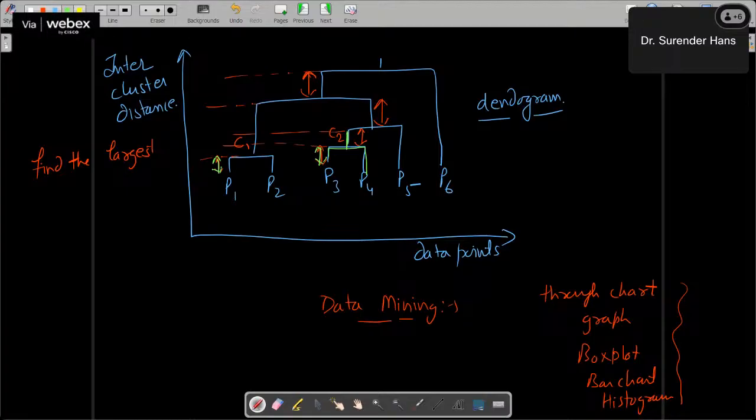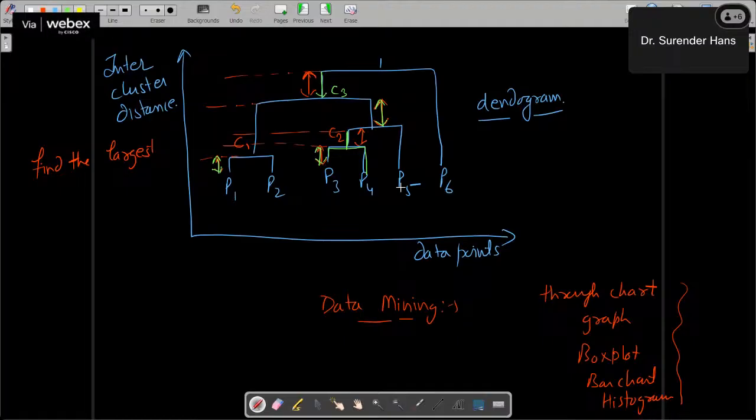This one is the distance between the cluster C2 and P5. This one is the distance between C1 and C2. Let's say this one is C3, so C3 and P6.